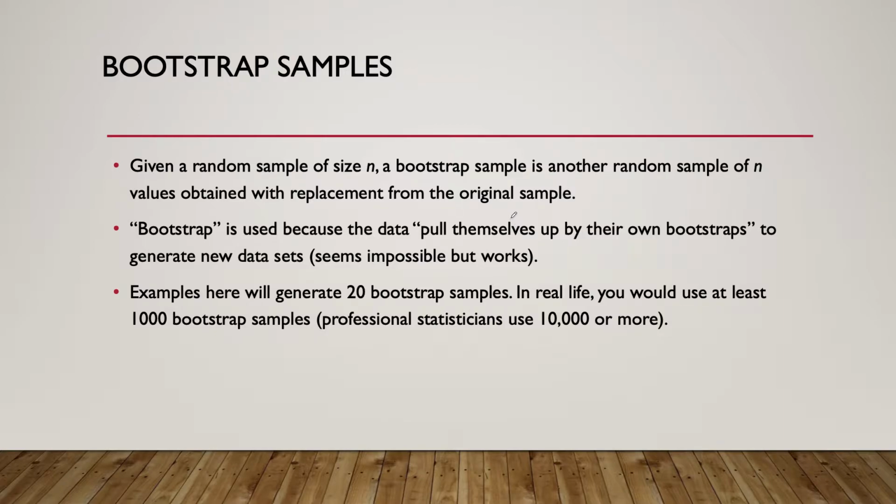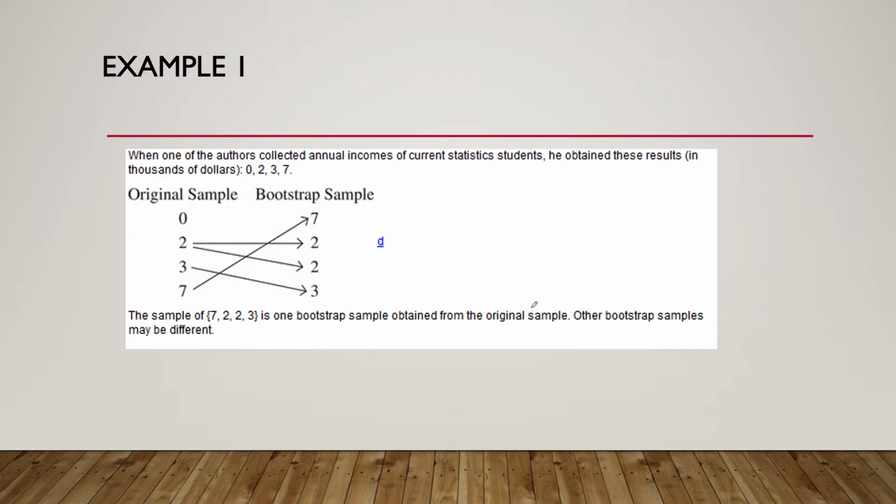It seems like it should be impossible, but it works in this case, so hence the name. Examples here will generate 20 bootstrap samples. In real life, you would typically use at least 1,000 bootstrap samples. Professional statisticians use 10,000 or more, as a side note, of course.